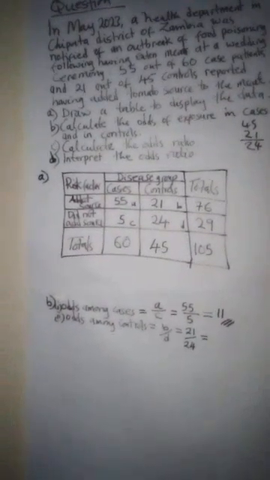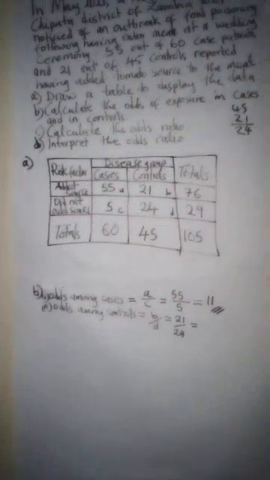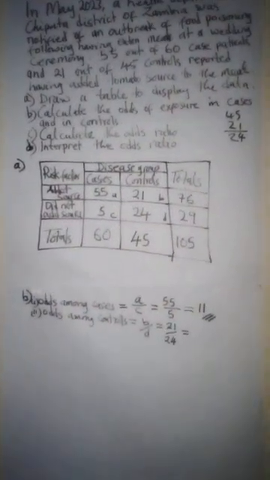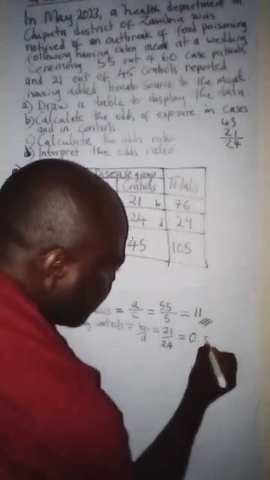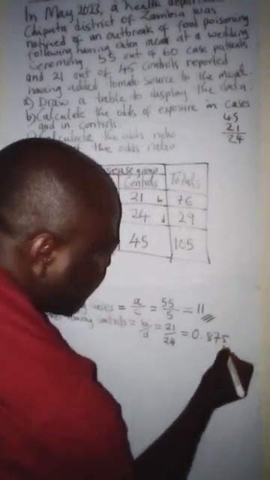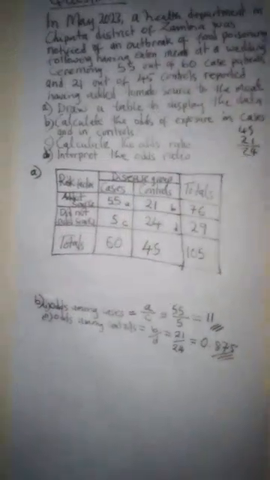I calculate 21 divided by 24, which is 0.875. That is it for part B.